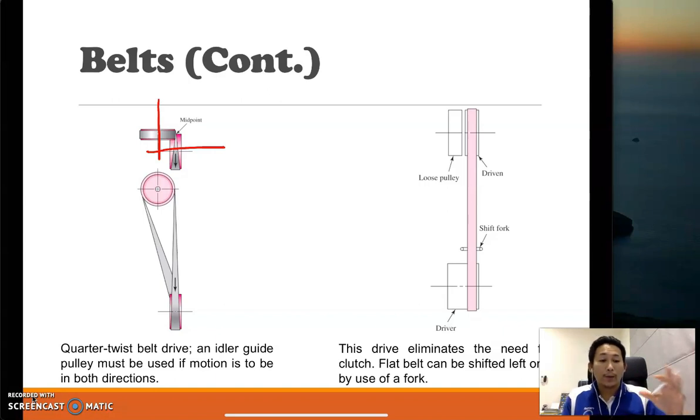It is flexible, so it can rotate in the other direction. This drive eliminates the need for a clutch. A flat belt can be shifted left or right by use of a fork, so we use this one to move to the left or to the right.